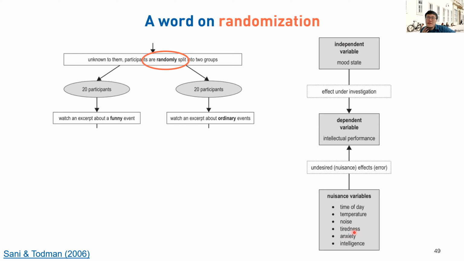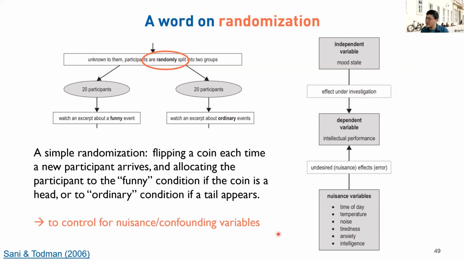We want to balance it so that if we randomize the group assignment enough, all of these undesired variables will be balanced out. This is a way to control for the confounding variables. So randomization is very important.